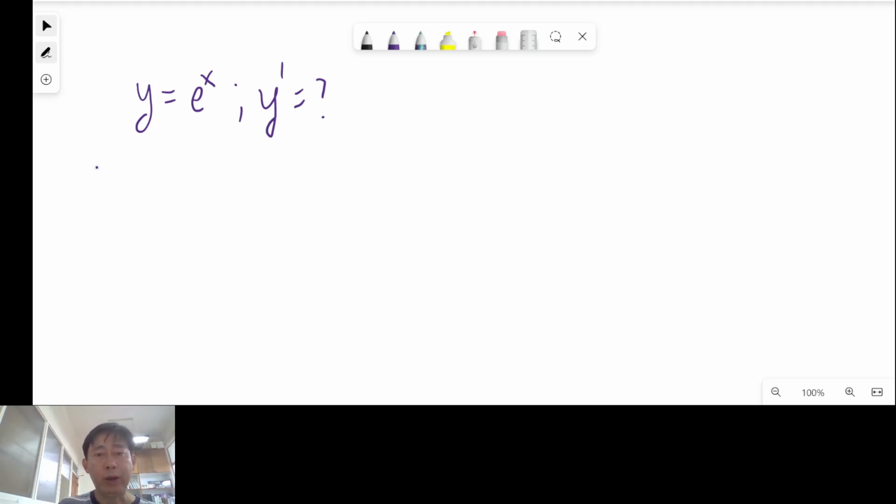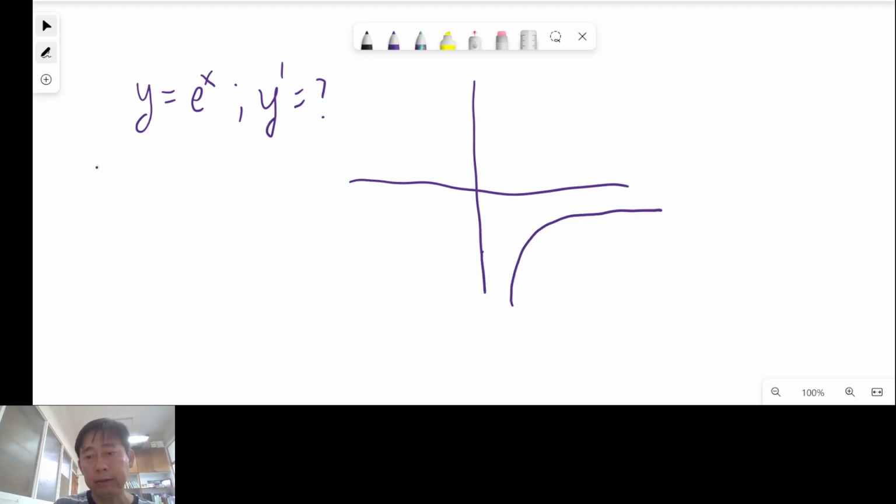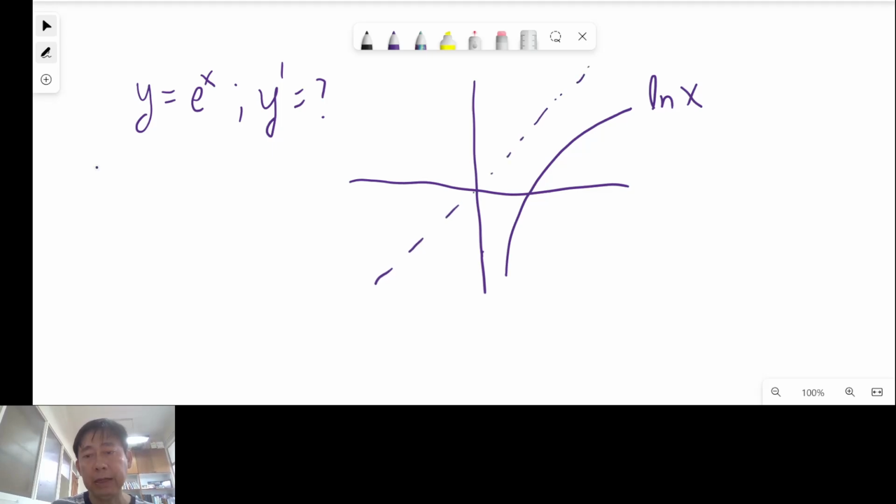To answer this question, you have to make use of two pieces of knowledge. First is the knowledge of the logarithmic functions. The logarithmic function is the inverse of the exponential function, and the exponential function is obtained from the log by inverting it.